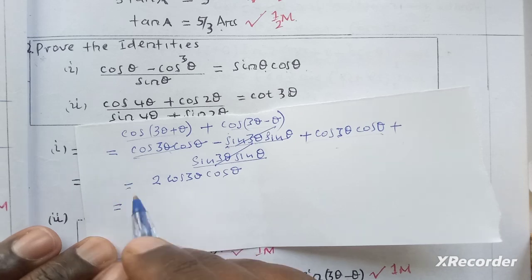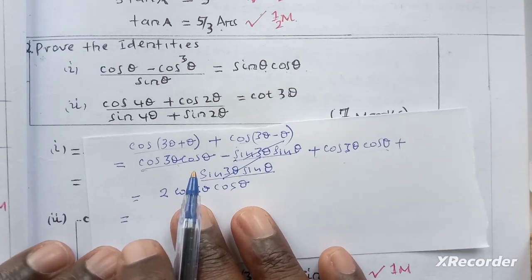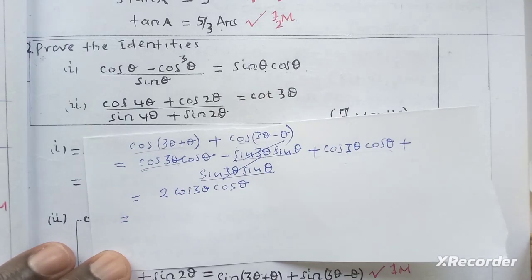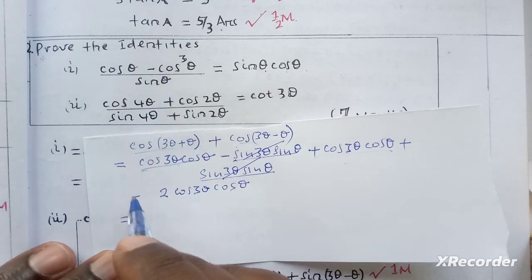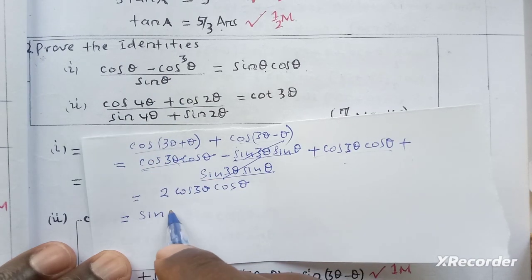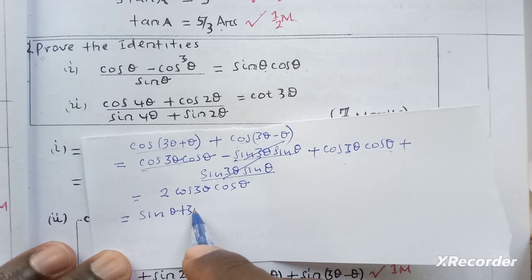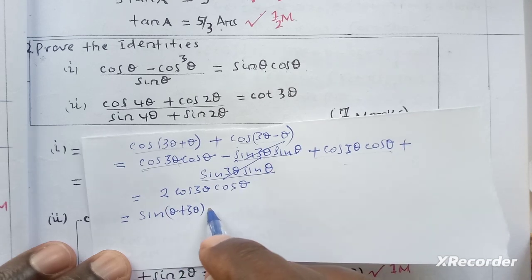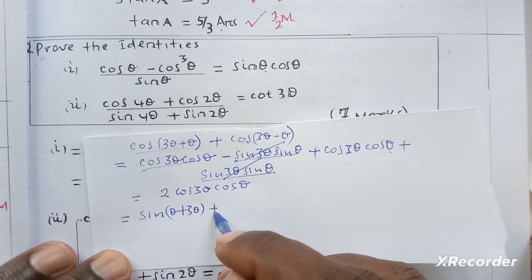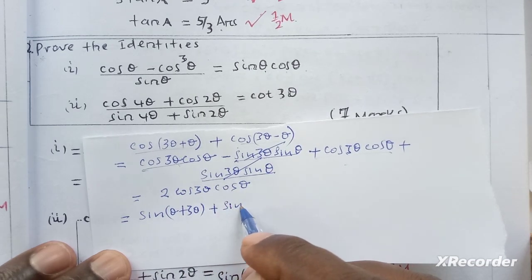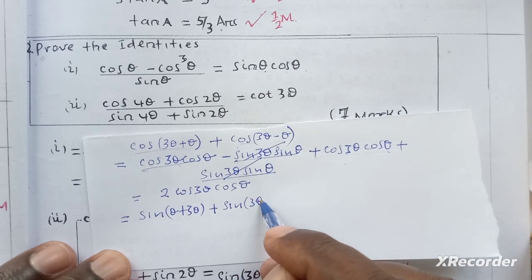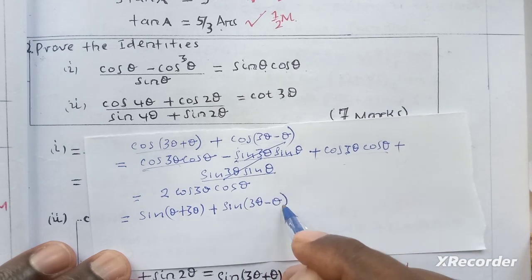For the denominator, we have sine 4 theta. Sine 4 theta will be sine of theta plus 3 theta, plus sine of 3 theta minus theta. We expand that one.